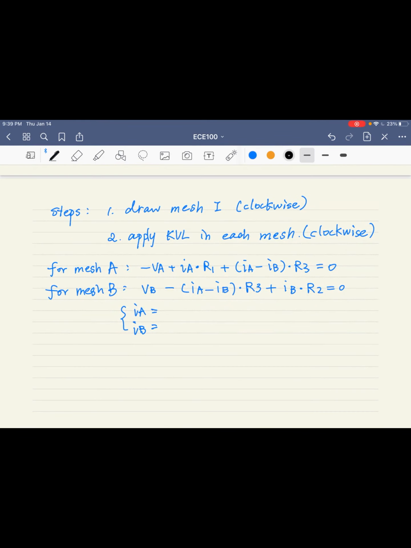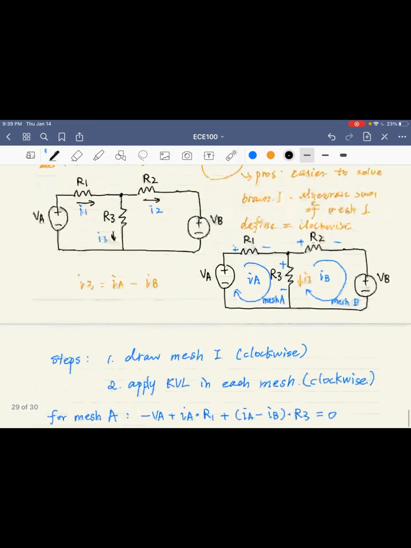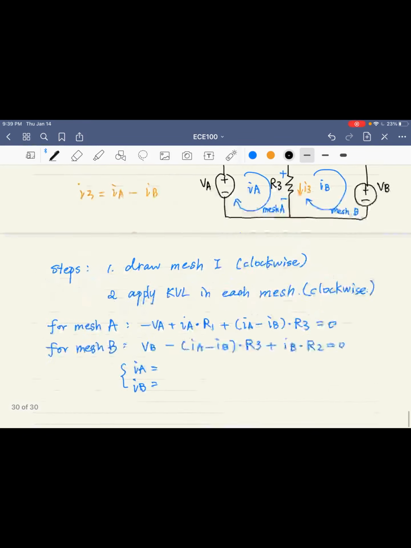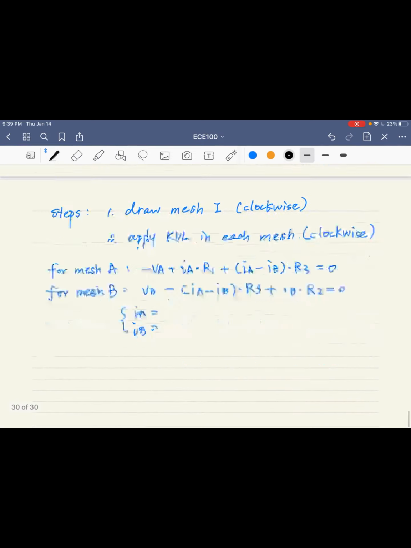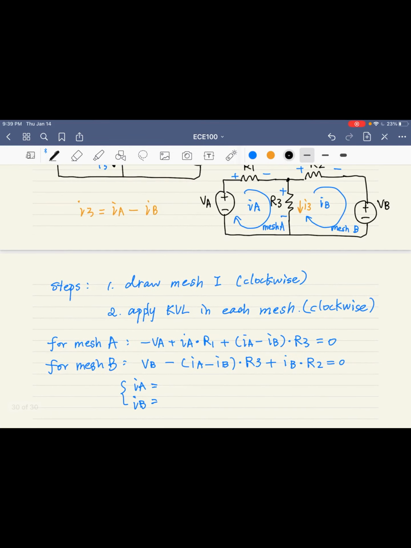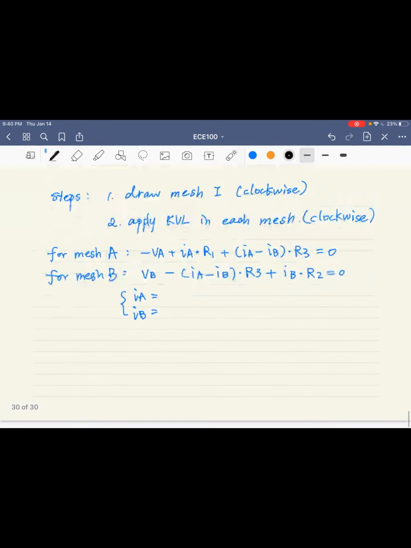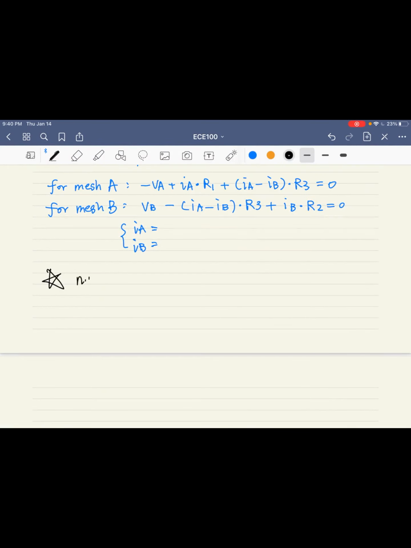And similarly, we wish that our circuit is as simple as this example, but sometimes the case is more complicated. We see that all we encounter here is only voltage source. What if we have a current source? So we have a new problem here. What if current source, right?